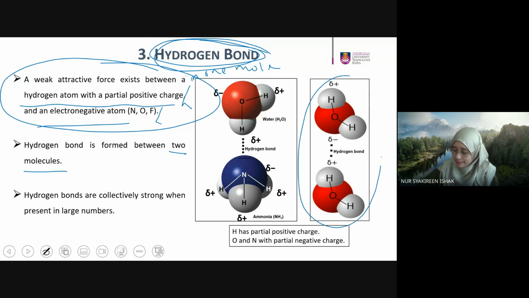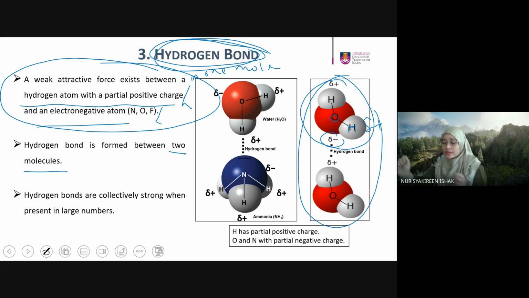For example, one water molecule, we know that it has oxygen and also hydrogen. Hydrogen, we know that it is positively charged. Oxygen, we know that it is negatively charged. It meets with another water molecule also composed of the same atoms.